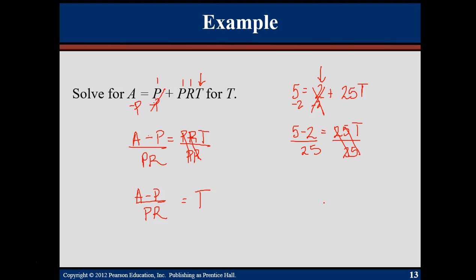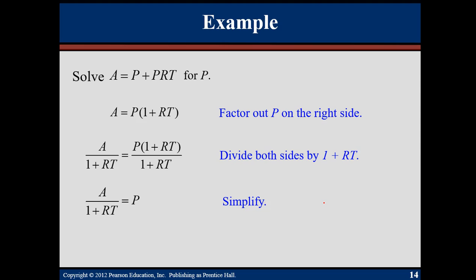This can get a little bit more tricky if I wanted to solve for p. If I wanted to solve for p, because there's 2 of them, I'm going to need to factor that back out. I'm going to like undistribute. Because if I had p times 1, that would give me p, and p times rt, well, that would give me prt.